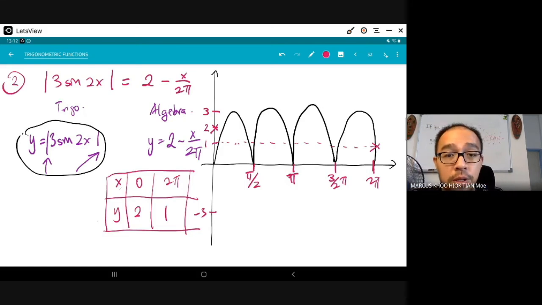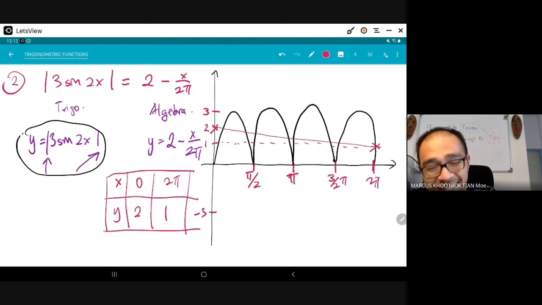Okay, and so when we draw the straight line, we're going to get something like, okay, wish me luck. 1, 2, 3. Okay, so how many intersections are there? 8. Okay, let's verify. Let me change the color lah, change to orange. Okay, 1, 2, 3, 4, 5, 6, 7, and 8.